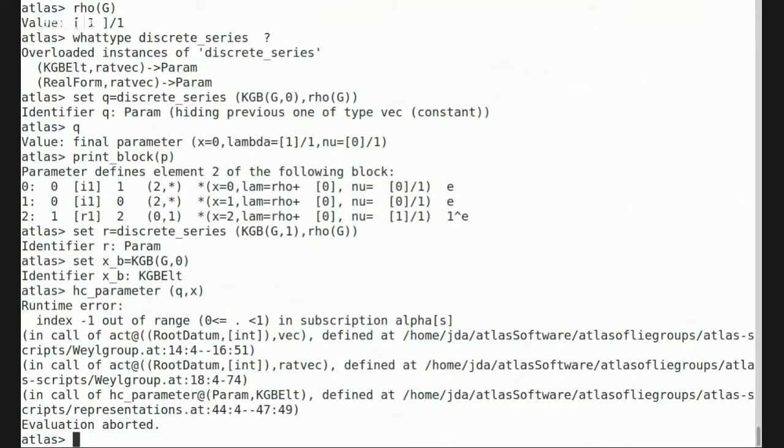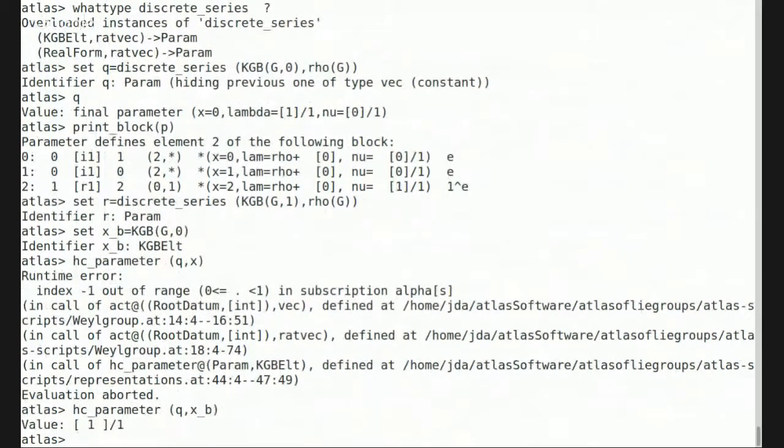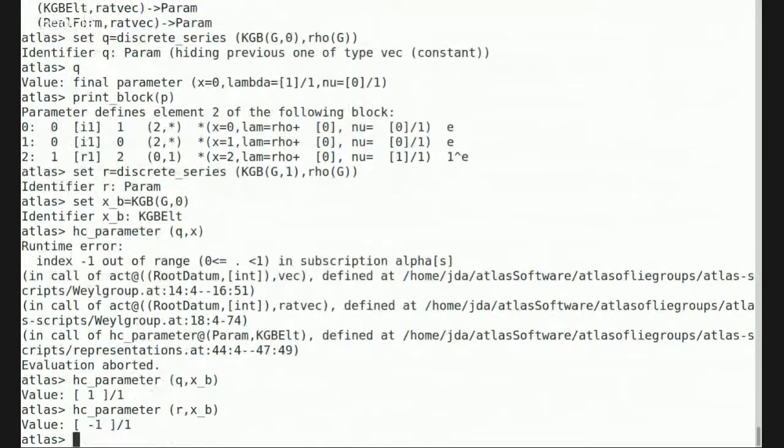Sorry, x sub b is what I wanted. That's better. The Harish-Chandra parameter of Q is 1, and the Harish-Chandra parameter of this other discrete series is -1. So that's the holomorphic and the anti-holomorphic discrete series, respectively. All right, let me pause there. Are there any questions?